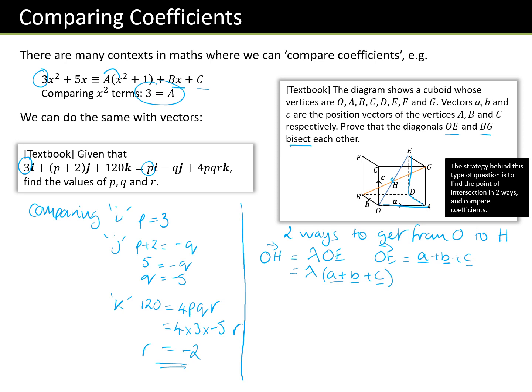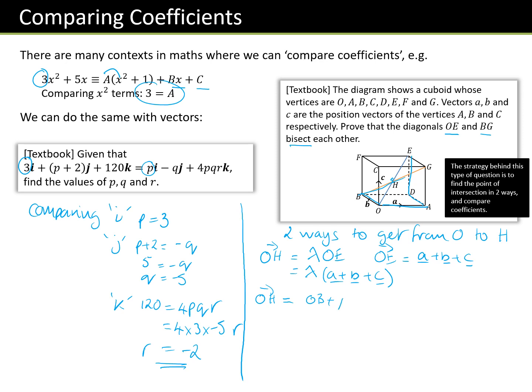Now another way to get from O to H is to go along to B and then go from B to H, going along the orange line, B to H, and then H to G. B to H is going to be some scalar multiple of B to G. So O to H is O to B plus another scalar multiple.